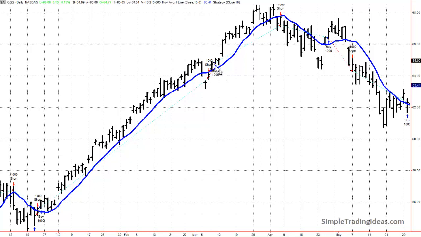So this particular type of system is known as a stop and reverse system because the one trade will be closed out and the trade in the opposite direction will open up.